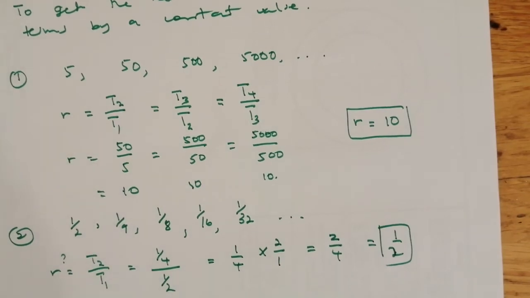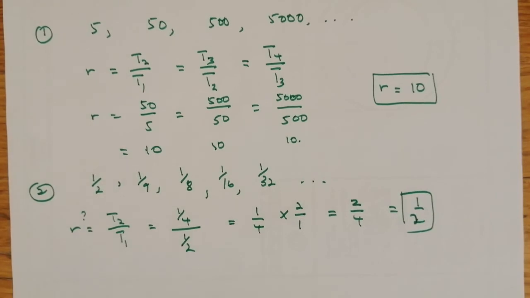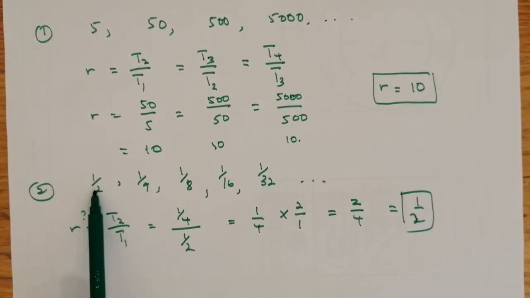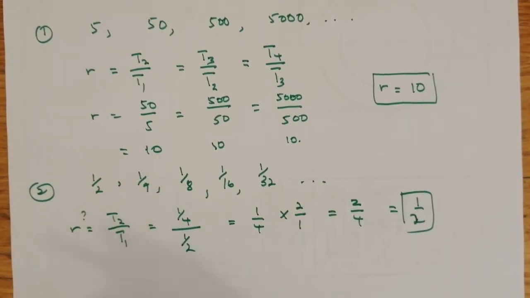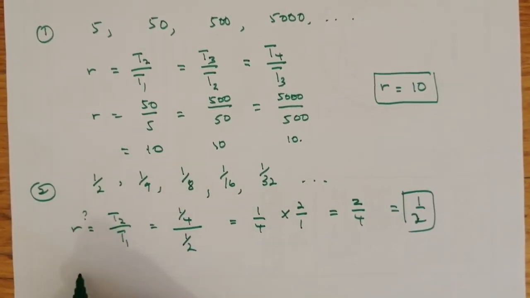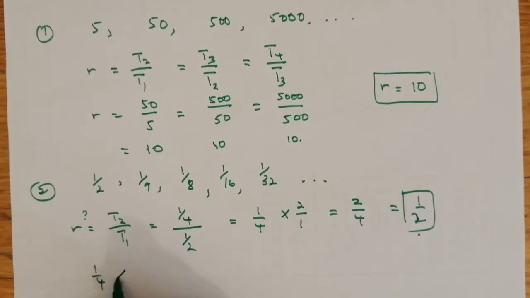So in order for this to be a geometric sequence, it means that we'll need to multiply every term by 1 over 2 to get the following term. So 1 over 2 multiplied by 1 over 2, that is 1 over 4. 1 over 4 multiplied by 1 over 2, that is 1 over 8. Like for example, okay, let's say we got, this is 1 over 2, right? So 1 over 4 multiplied by 1 over 2, this needs to give us this term.